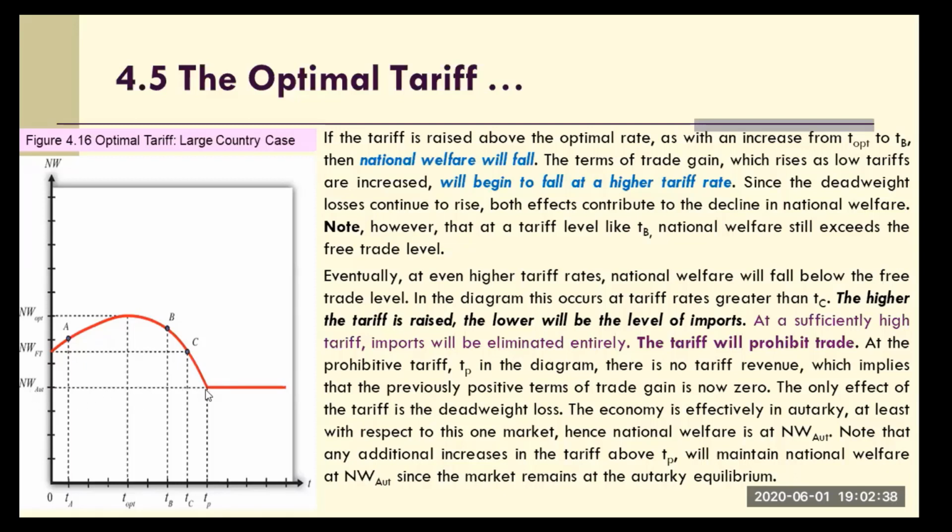It becomes flatter at TP, the prohibitive tariff. Above this, trade is prohibited. At a sufficiently high tariff, imports will be eliminated entirely. The tariff will prohibit trade at the end.